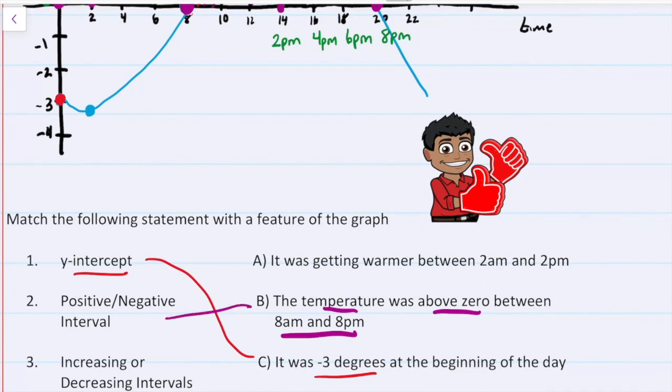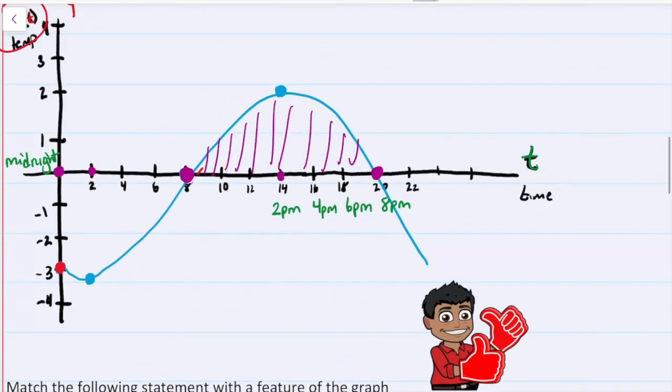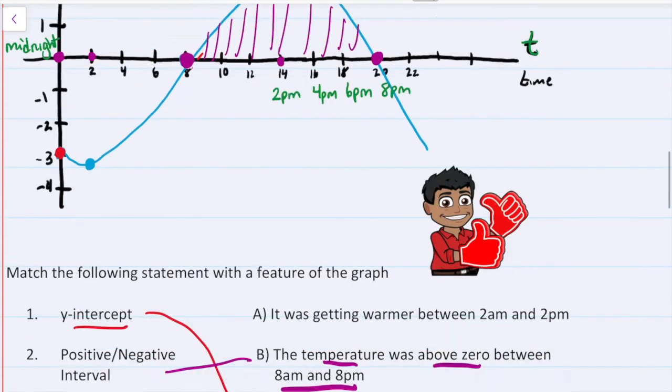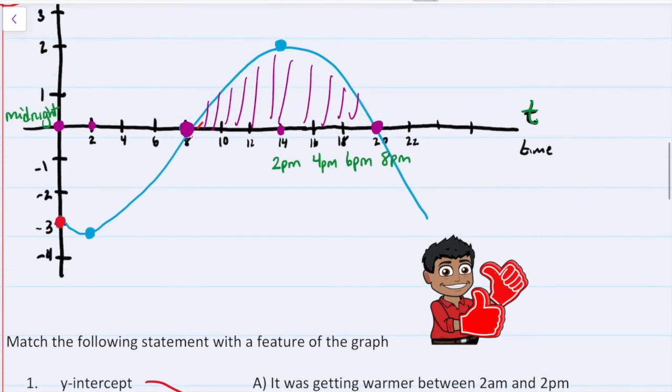Last but not least, we're talking about increasing or decreasing. Remember, increasing is when something is going up, like a roller coaster. Decreasing is when something is going down, when the roller coaster goes down. Let's look at this one then. It was getting warmer between 2 a.m. and 2 p.m. 2 a.m. is right there, and 2 p.m., good thing we already labeled it, is right there.